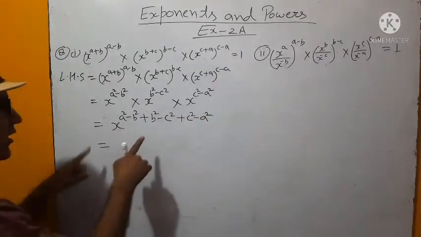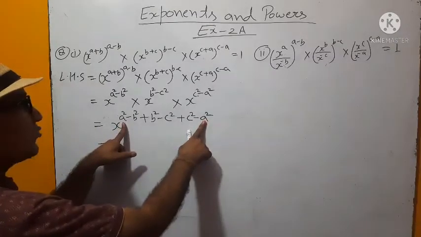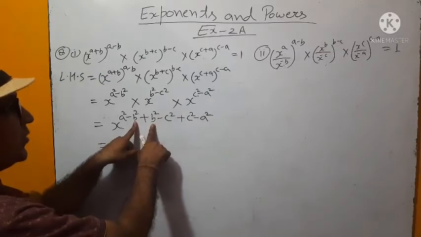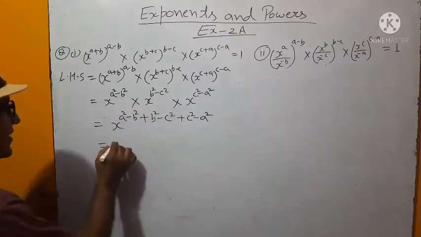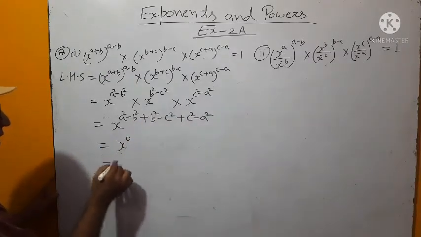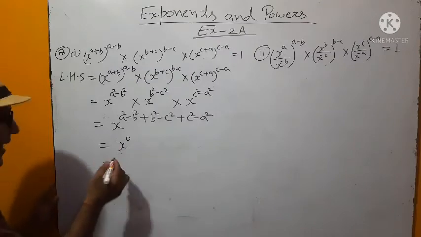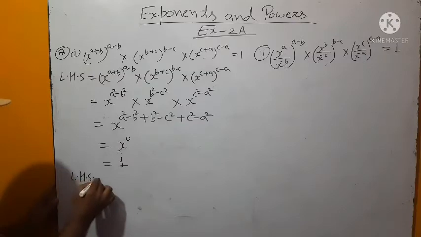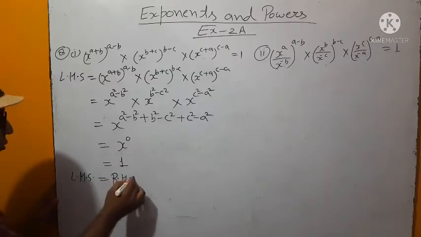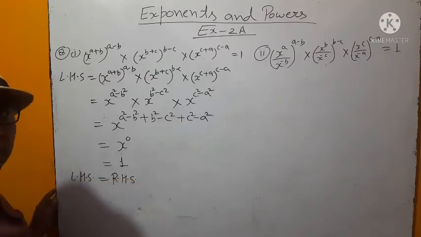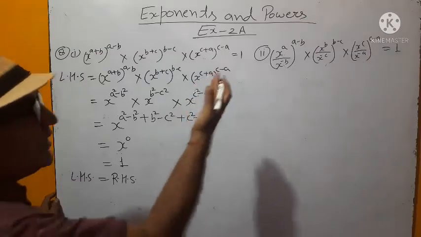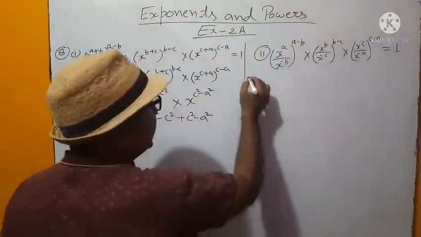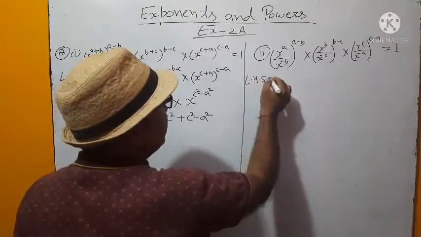Just notice carefully. a square minus a square becomes 0, minus b square plus b square becomes 0, minus c square plus c square becomes 0, means x to the power 0, and x to the power 0 means 1. That means left hand side is equal to right hand side. We have shown it. Same in the second part. To solve the second part, again we will write the left hand side term.